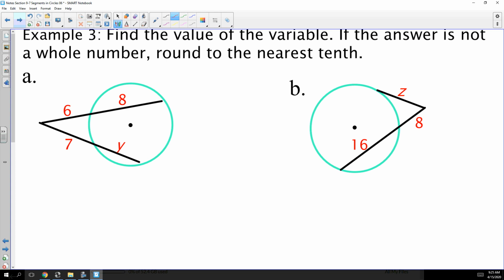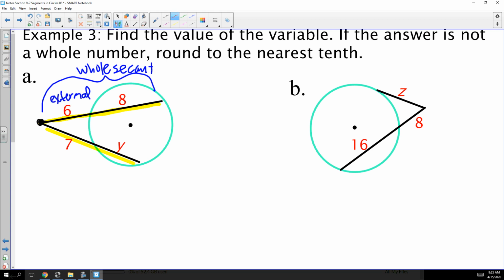All right, so I'm looking at the picture for A, and I notice that we have two secants. We have a secant here, and we have a secant here, and these two secants do intersect at a common point outside the circle, right? So let's look at the fact that we have an external piece right there, and then we have the whole secant segment.